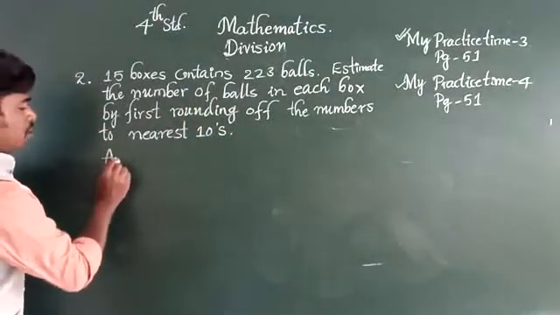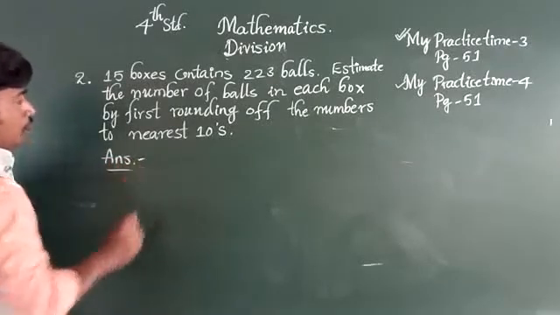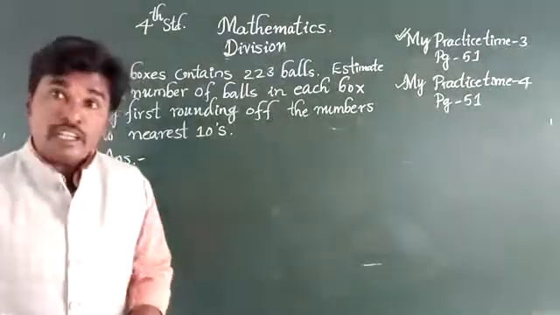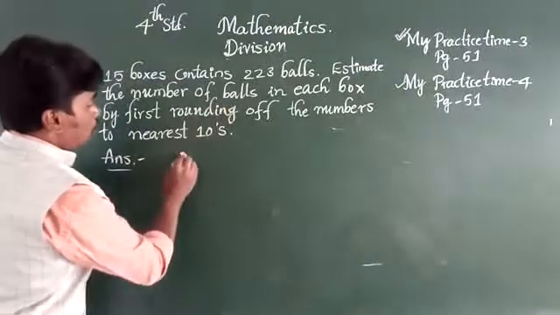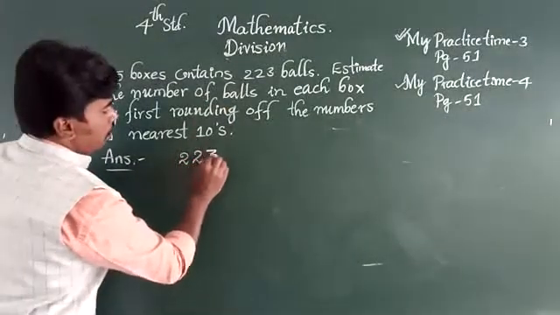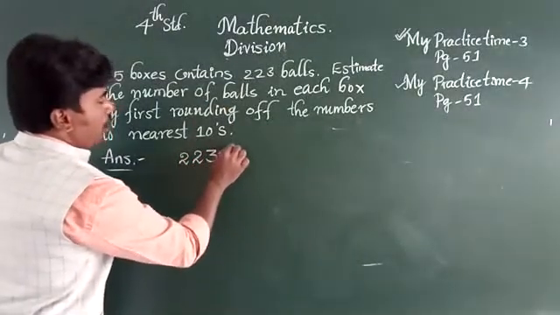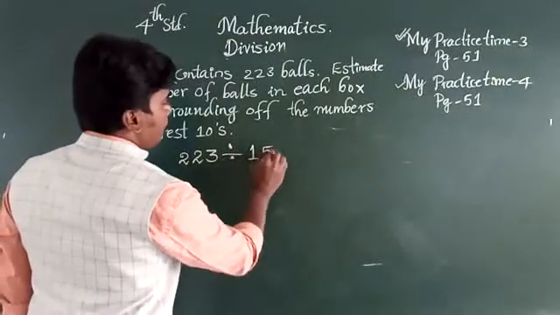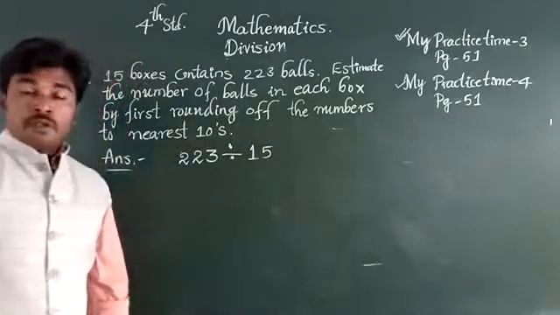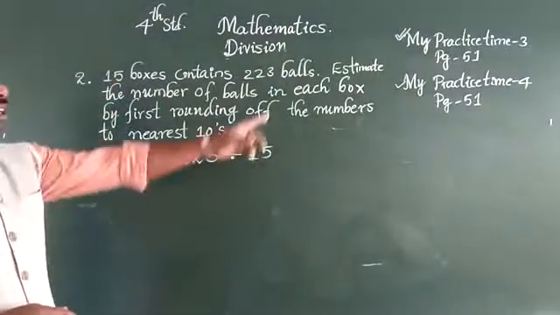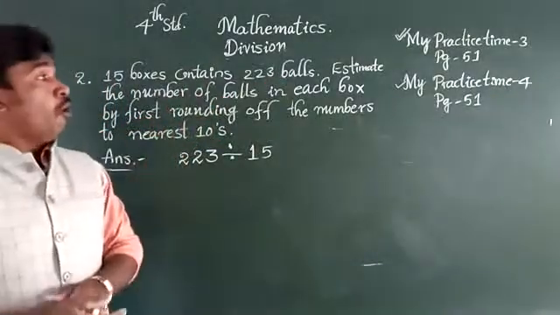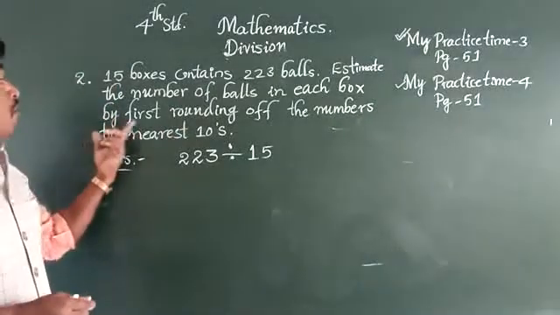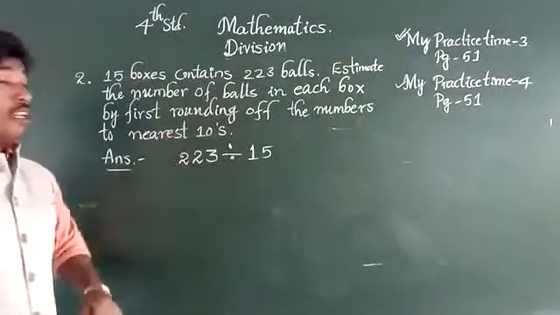So answer. Dear children, first you need to write the question as it is itself. That is 223 balls are there. That 223 balls has to be divided by 15. Okay. So how were they asking? Estimate the number of balls in each box by first rounding off the numbers to nearest tens.